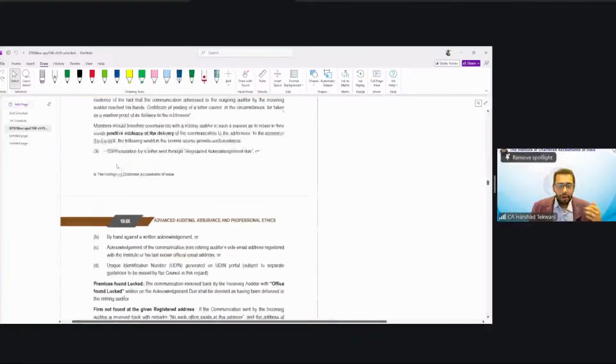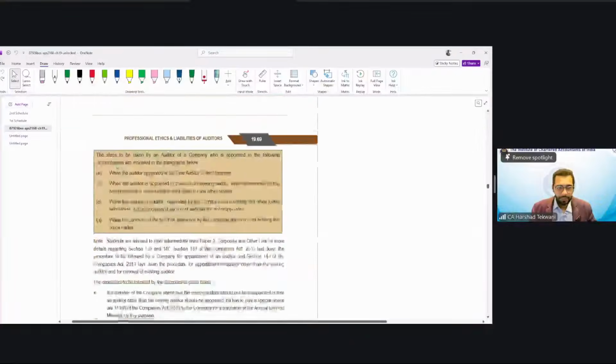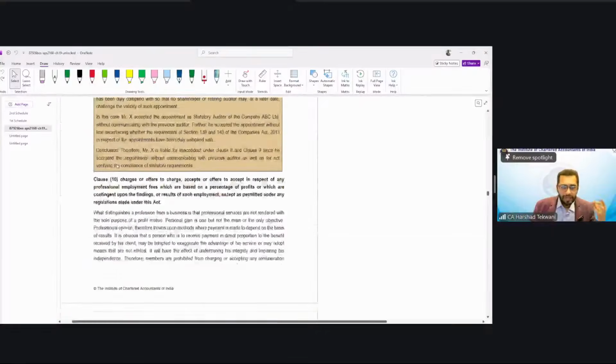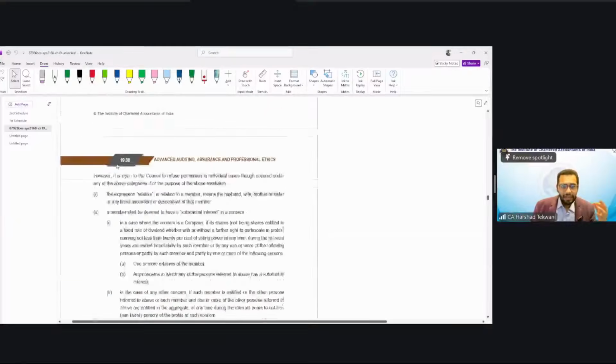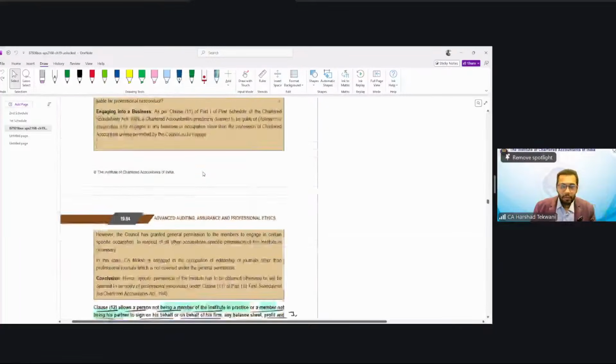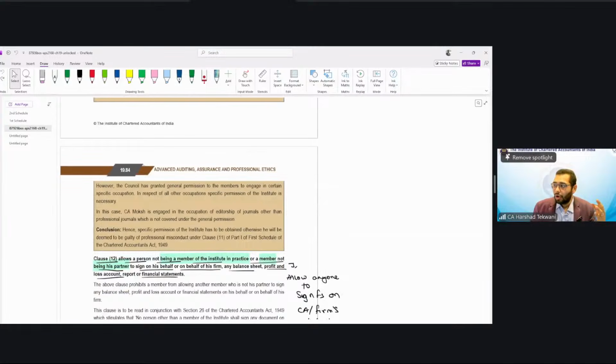Basically, it is on confidentiality. What we need to understand here is whether there is a breach of confidentiality or not in this particular scenario. If not, then it is fine. If there is a breach of confidentiality, then it will become a problem.